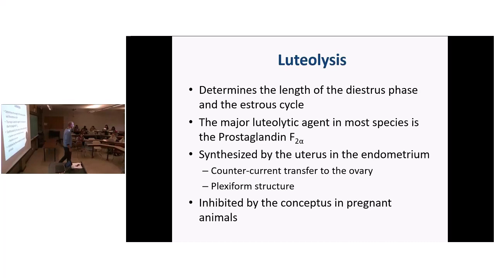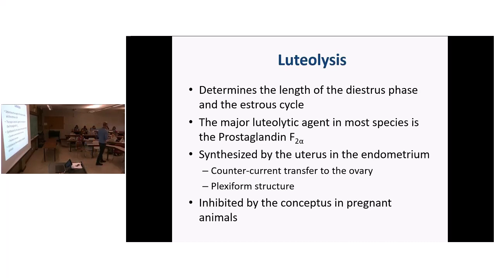It is synthesized in the endometrium, in the uterus, and more specifically in the superficial epithelial cells of the endometrium, not in the glands and not in the interstitium, but in the very thin unicellular layer of cells in the epithelium of the endometrium. And you can ask, how does that make any sense?